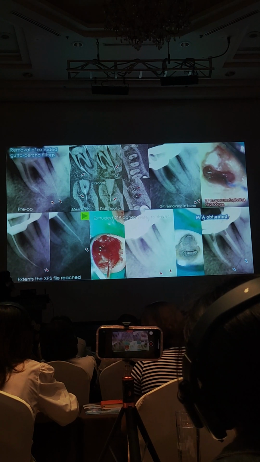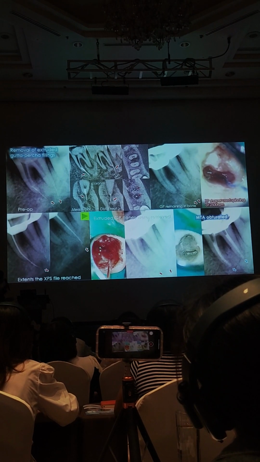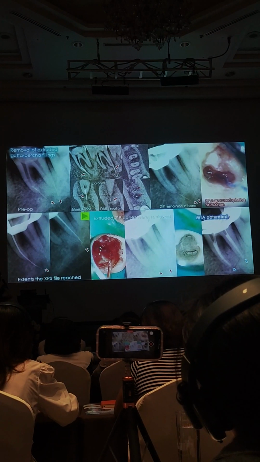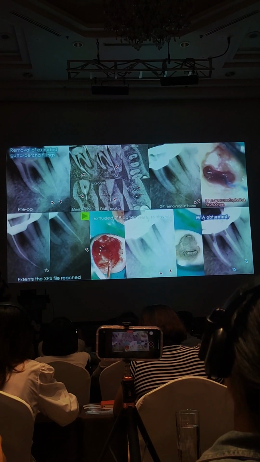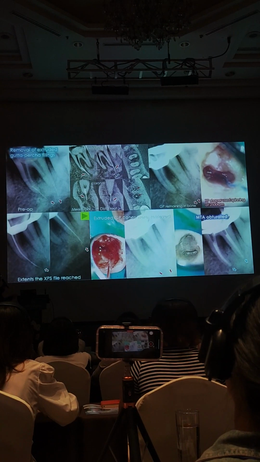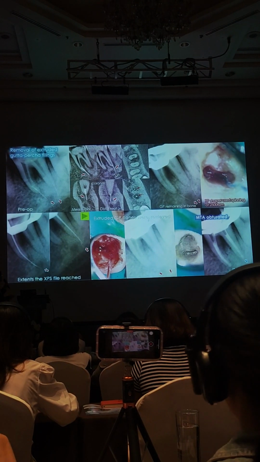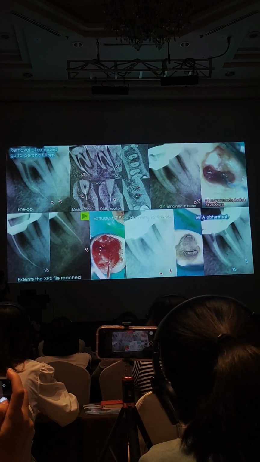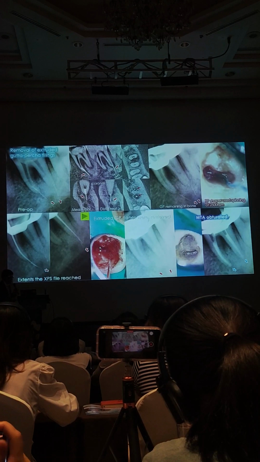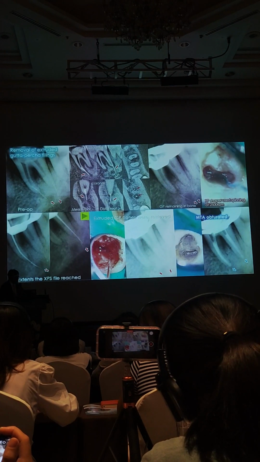Another case, you see the gutta-percha extruded into the periapical tissues here. This patient was referred to me by a very famous general dentist who extruded gutta-percha into the periapical tissues. He didn't want to continue doing the retreatment because the patient was a very famous politician in Japan, and the politician was very powerful.